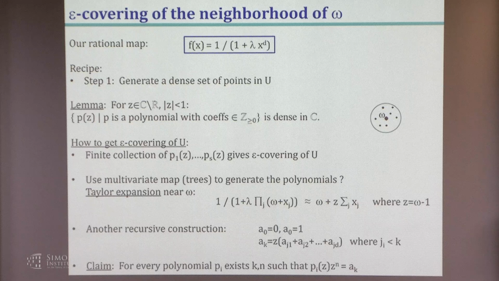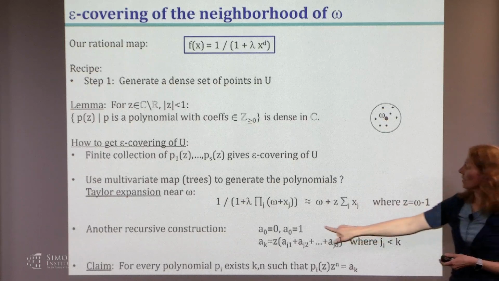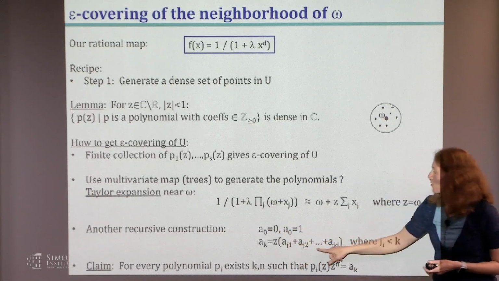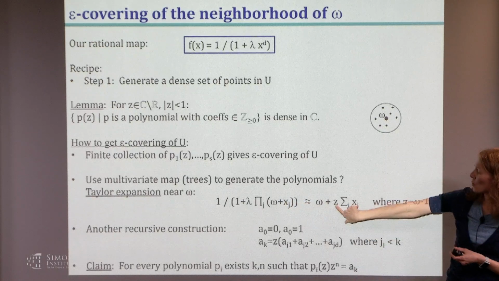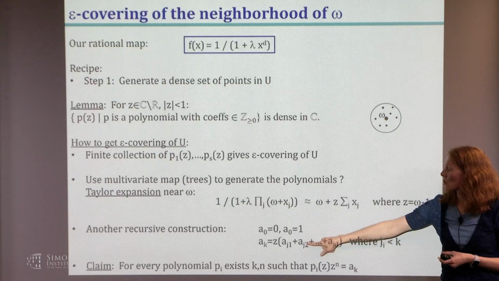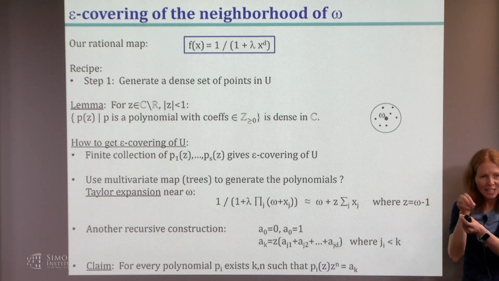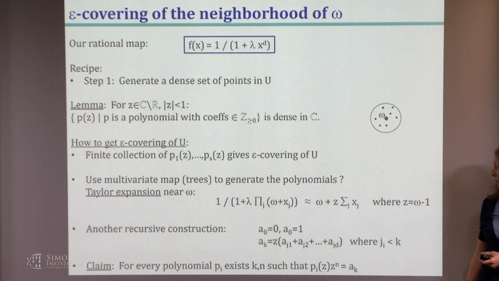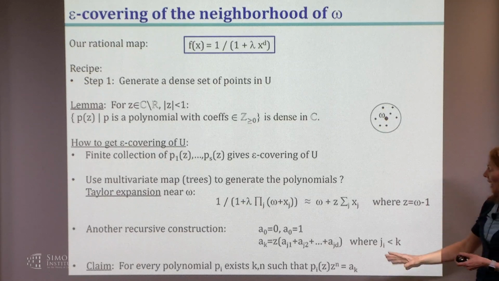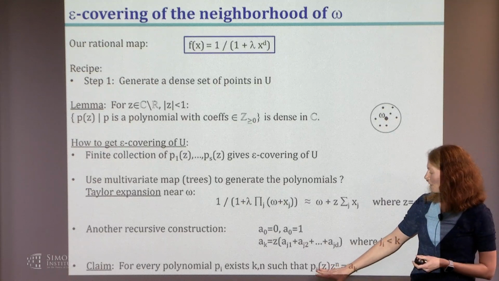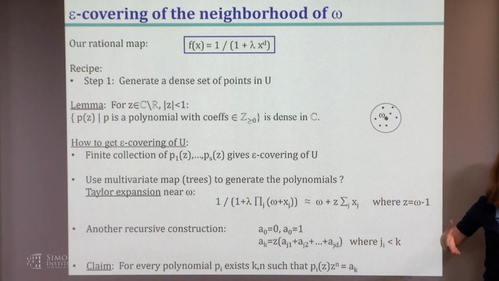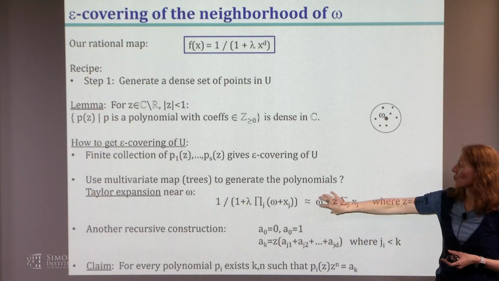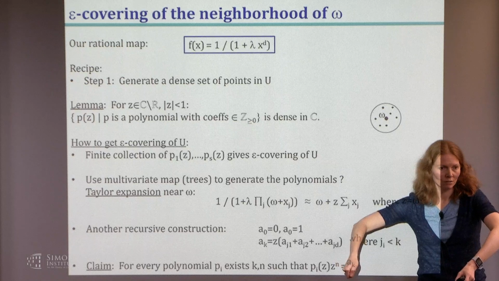And so what this means is we can look at another recursive construction, where from these deviations from the fixed point we are getting this one. So that brings us to the construction of all of these neighboring values around the fixed point. And now we claim that for any polynomial, we can construct it using this kind of recursive construction, which, because of this connection, corresponds to just a tree.